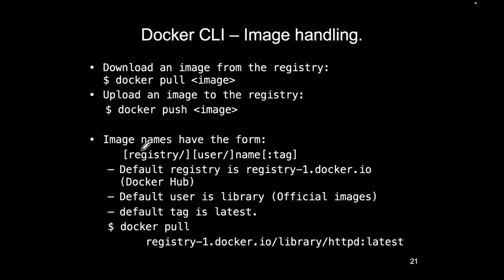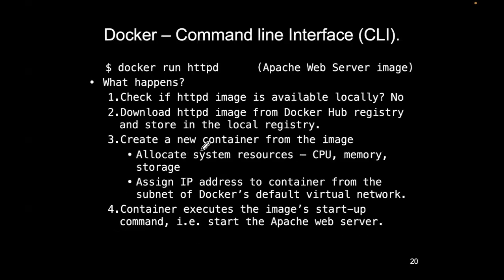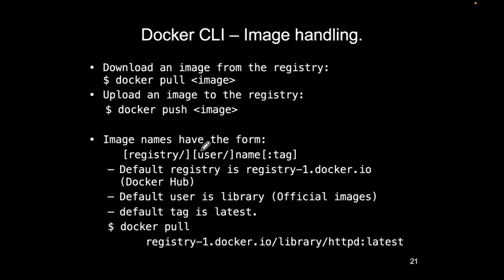So I did not specify a registry. Sorry, I did not specify a user. I did specify a name, and I didn't specify a tag when I used the docker run command there. So it defaulted for all of those parts. Now, the default registry is Docker Hub.